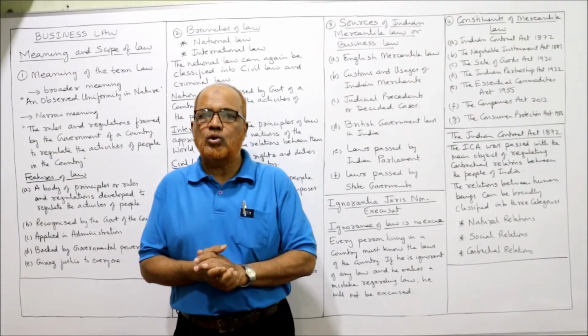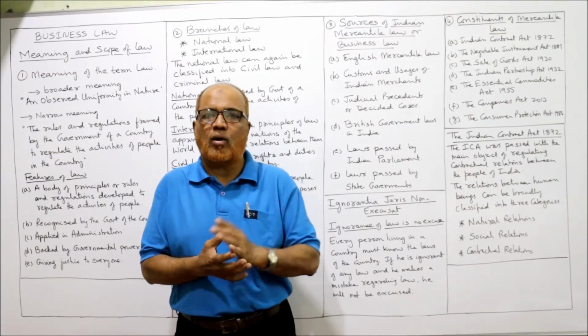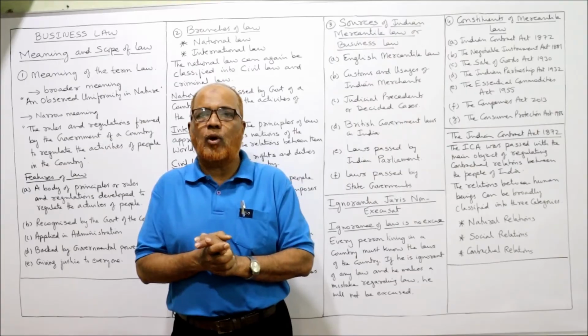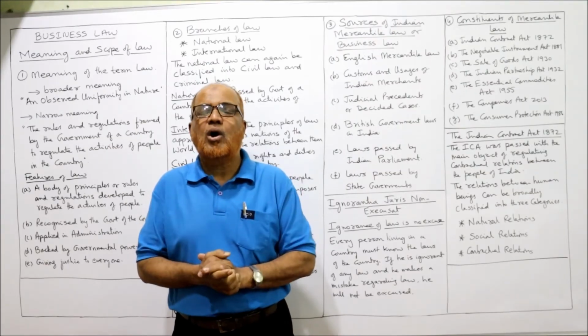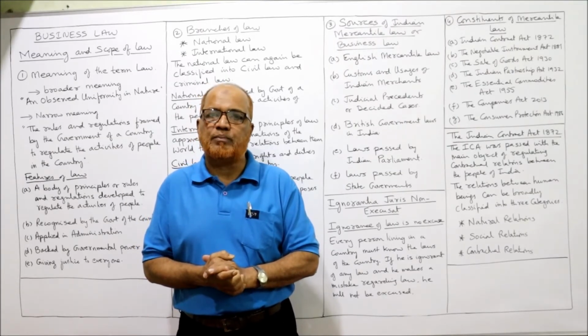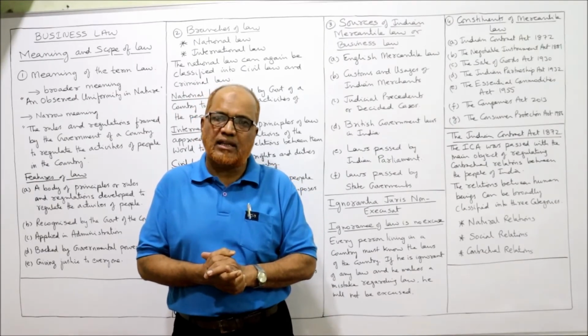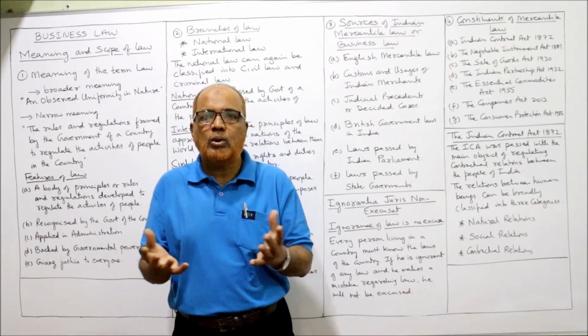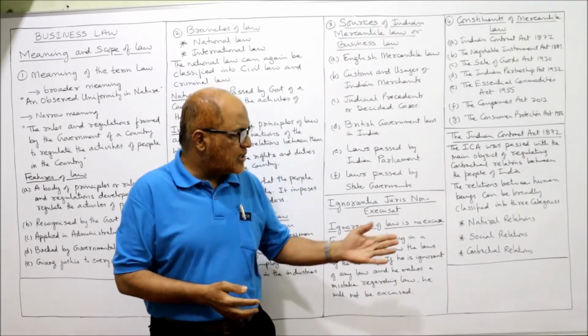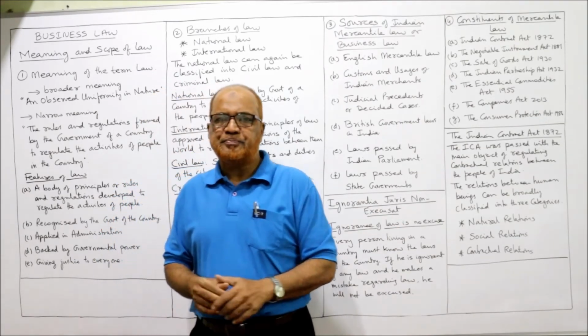Like selling goods, buying goods, entering into a contract or agreement of employment, etc. All these are contractual relationships, where a person willingly enters into a contract with another person to do or not to do something. So this is called contractual relation.